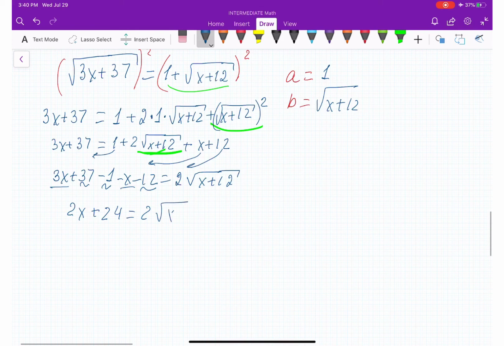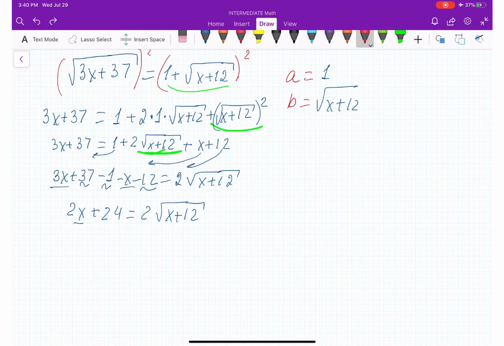Square root x plus 12. Alright, so here we have to raise again 2x plus 24 squared, and then 2 square root. Actually, I could get rid of these two. Let me get rid of these two, guys.